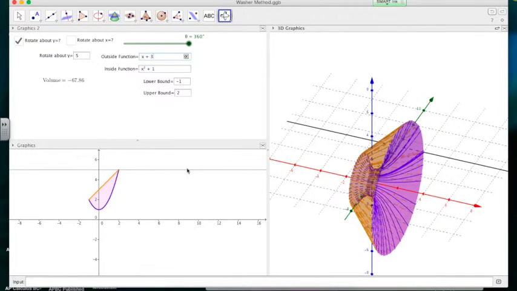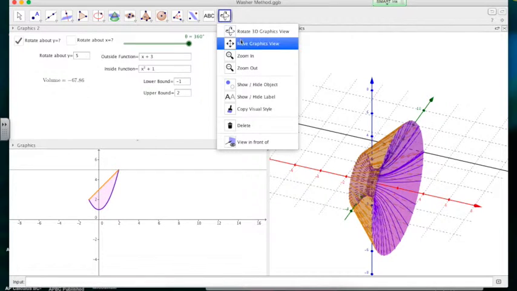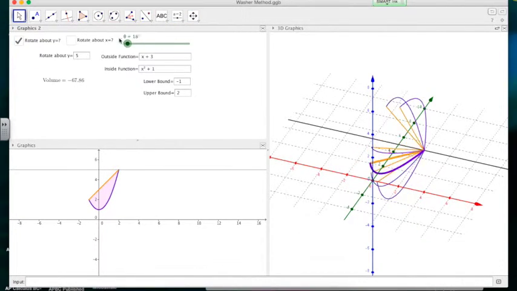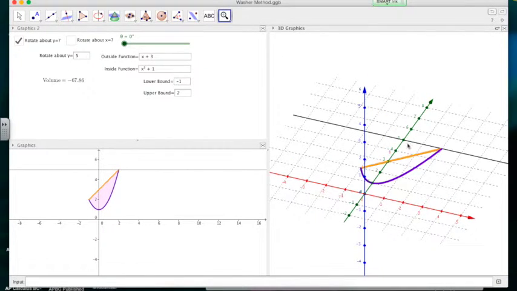Okay? And so if we come over here to the 3D, and let me just reset my theta at 0. So we have this axis of rotation here. It's going to be y equals 5. We're going to flip it this way.